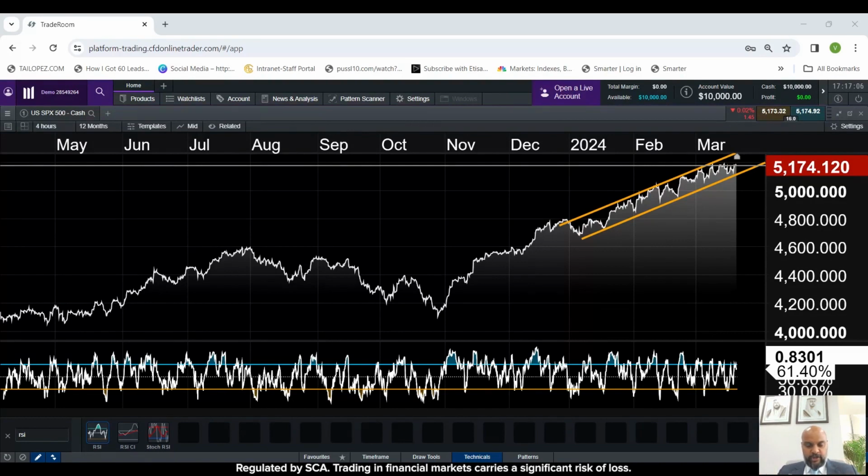Let's say a $10,000 account, but you would not mind taking a risk of $100 on every trade to potentially make $200 to $300. So ultimately it comes down to these parameters, the nitty gritties of planning it well.